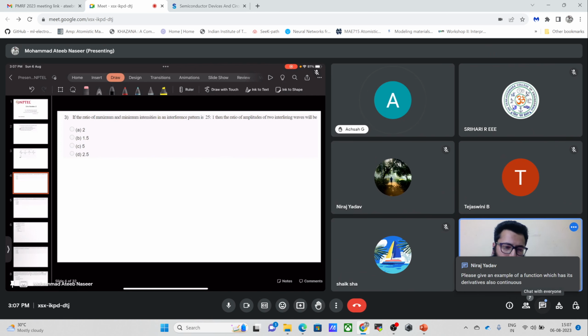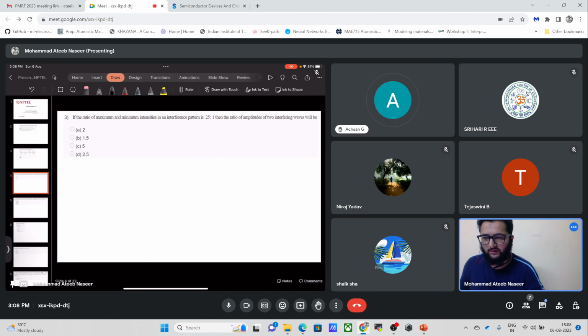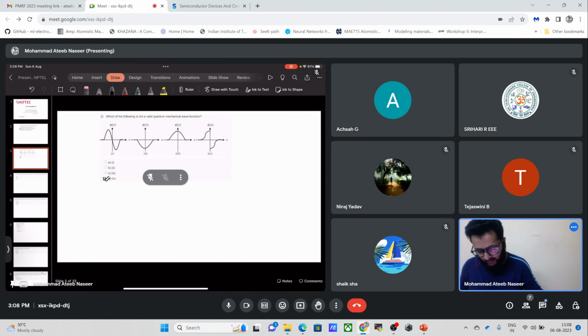Sir, how to find the function is normalizable, like just seeing the diagram? Okay, you can see one thing over here. For example, if I draw any wave function over here, you can see within the limits of minus infinity to plus infinity, it is existing. It is not exploding.